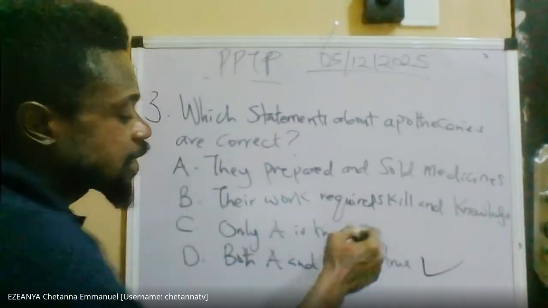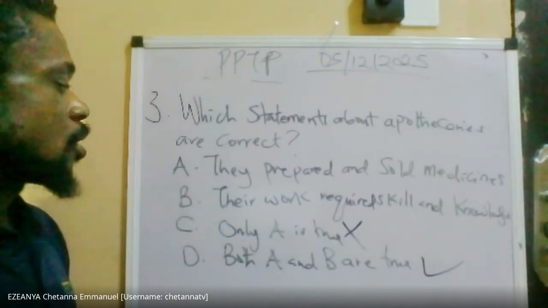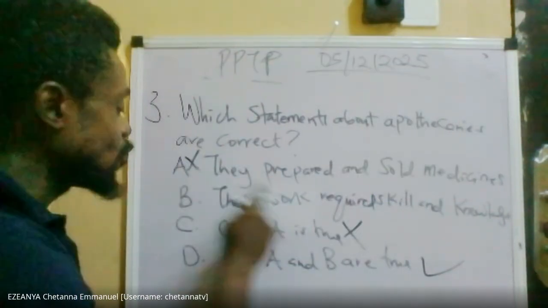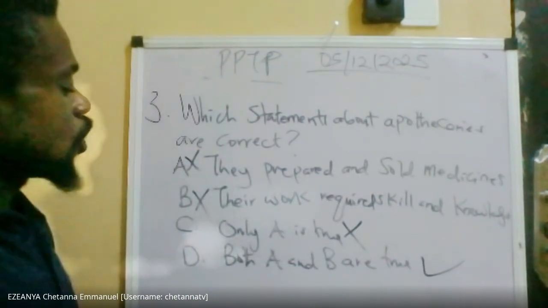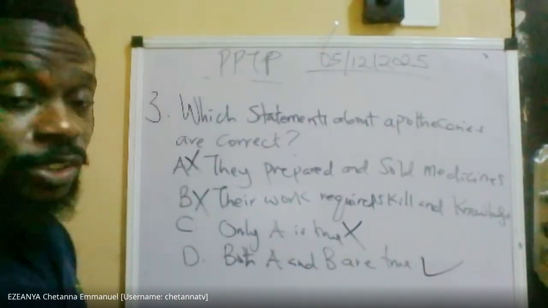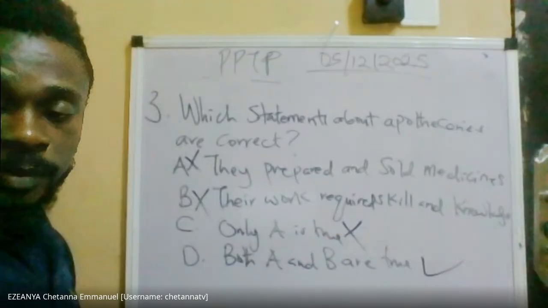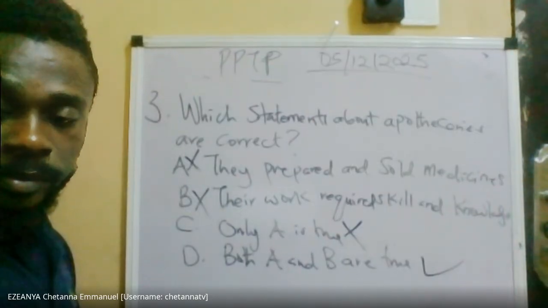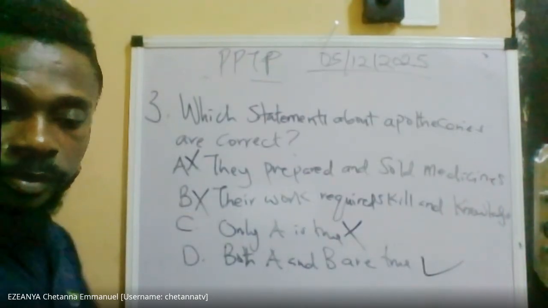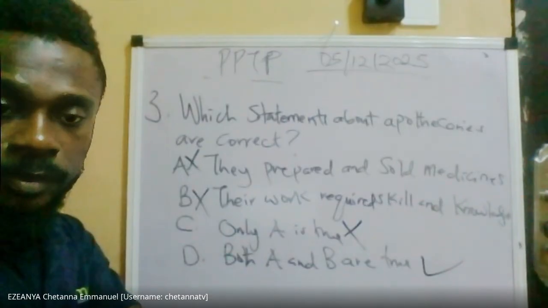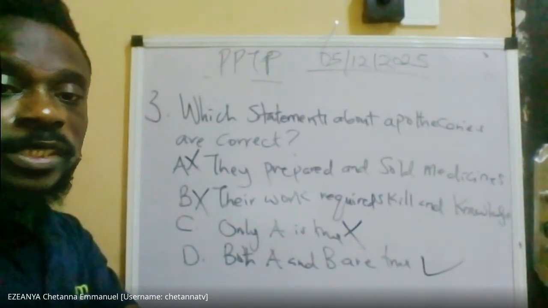That's why this option is not true, and you cannot choose only this one. So that's why D is the correct option. So let's go to the next question.